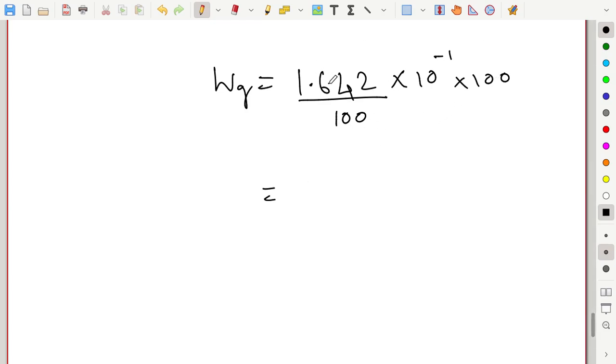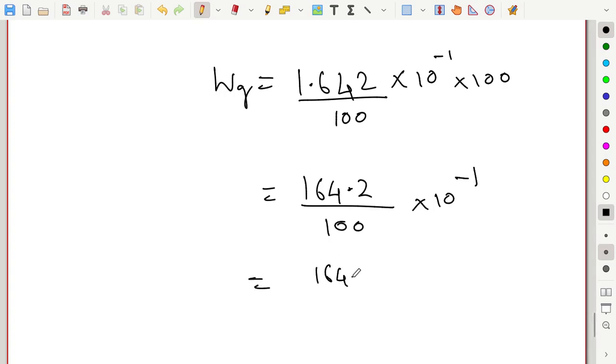If you multiply this number by 100, the point moves two places, so we have 164.2 with 100 down. So this is actually 164.2 by 10 power 2 into 10 power minus 1.